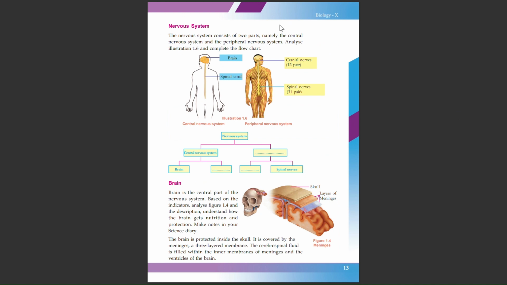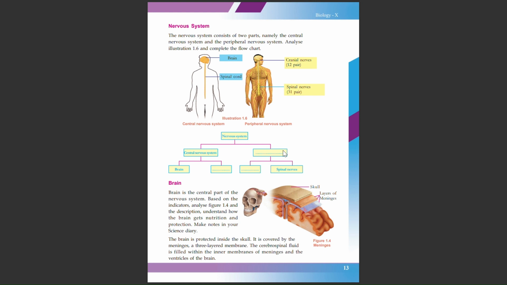Then let's come to this part. Now, the nervous system. This is really interesting. The nervous system consists of two parts, namely the central nervous system and the peripheral nervous system. I've told this in the previous class.